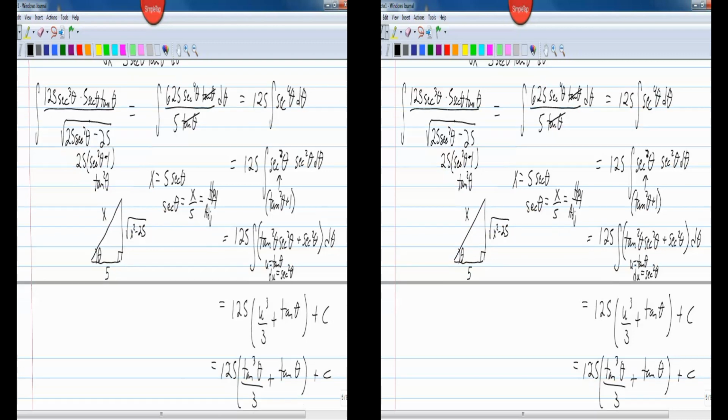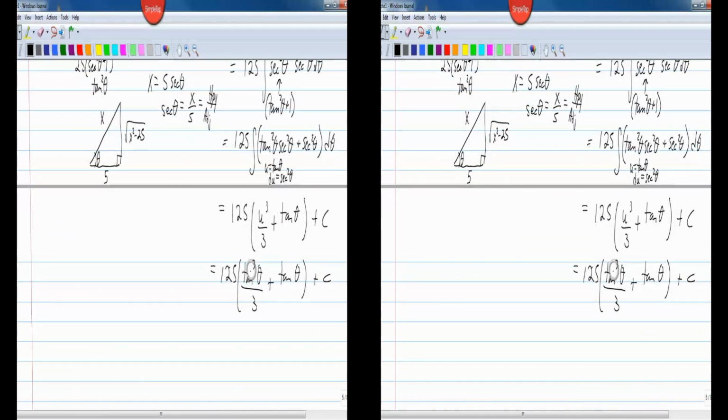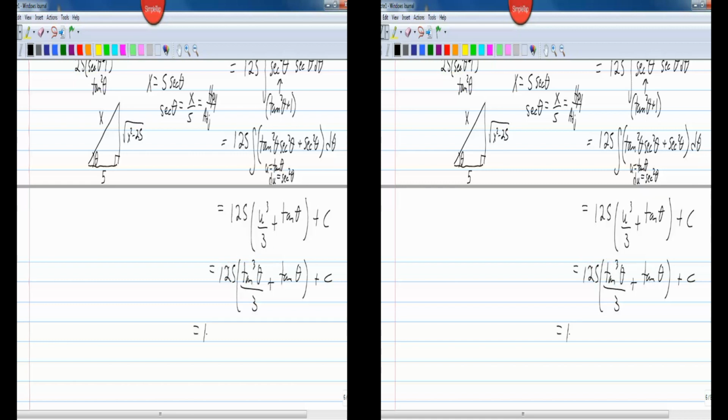Alright, so we look back at our answer down here. We need tangent of this angle measure. Tangent is opposite over adjacent. So it's the square root of x squared minus 25 over 5. Now when you plug it in here, you're cubing it, so be careful there. You might want to go ahead and multiply the 25 times both of those. So if I did that, I'd have 125 over 3 times, now when I plug in here, I have to cube opposite over adjacent.